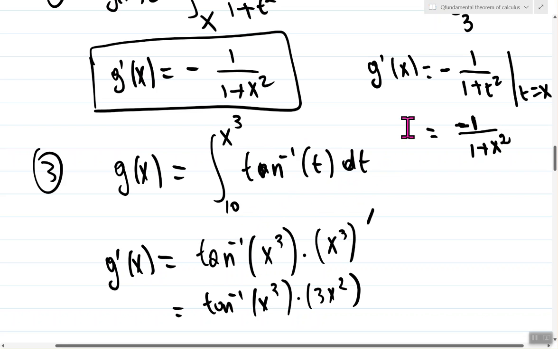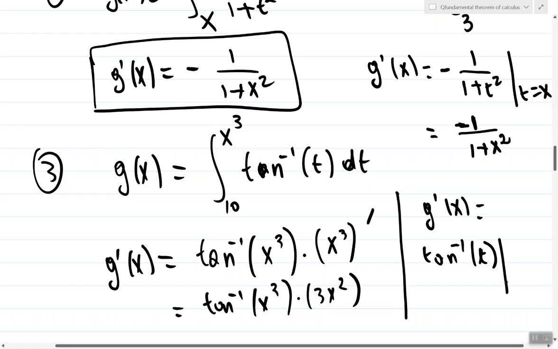Since you're not dealing with x but with x cubed, the derivative is going to be: copy the integrand, evaluate it at t equals x to the third, and then multiply by the derivative of x to the third. So use some kind of chain rule.